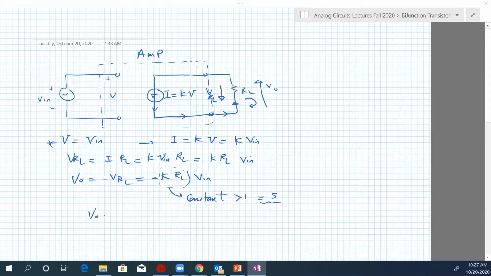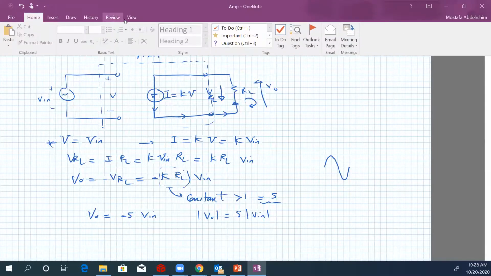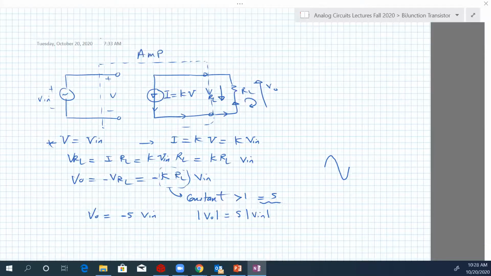So VO is equal to minus 5 V input. Again, neglect the sign. So what we have here as a magnitude is VO is 5 times V input. So if V input is something like this, VO will be 5 times larger: 2, 3, 4, 5, very large.